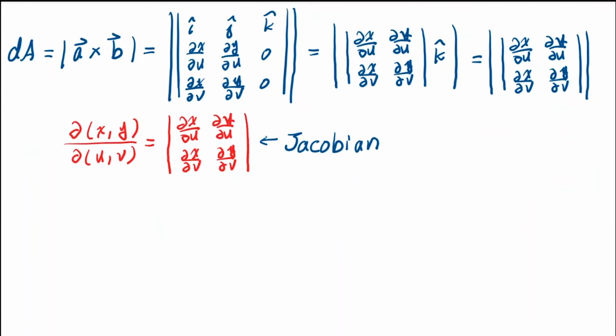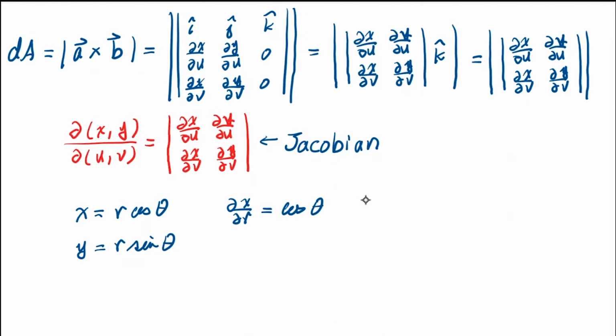So, let's go back. Do you remember this? x was r cosine theta, and y was r sine theta, right? Shall we convert this using our Jacobian idea now? Yeah, let's do that. So partial x, partial r is our u, and theta is our v. You get it? And that gives you cosine theta.